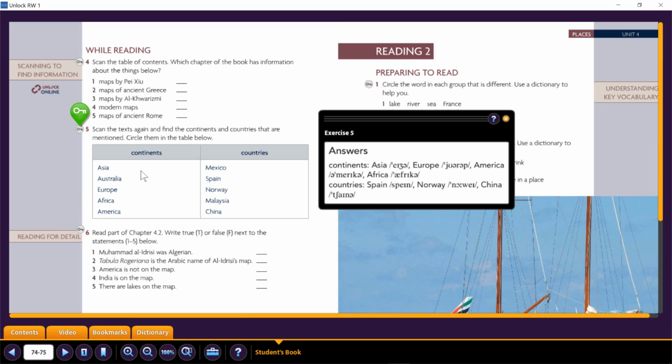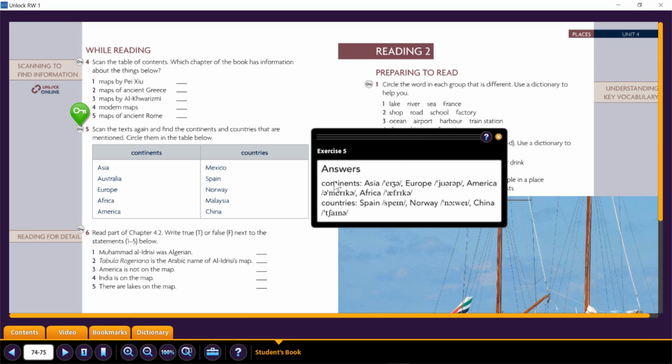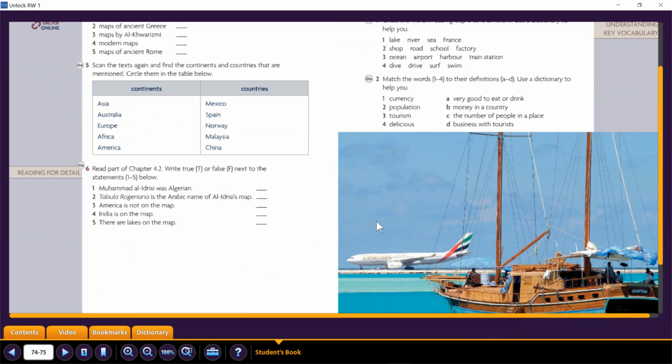So, skip Australia, circle the Asia, Europe, Africa, and America. As for countries, you can find Spain, Norway, and China. So, circle Spain, Norway, and China. Pause the video to check your answers and come back again. Task number 6.